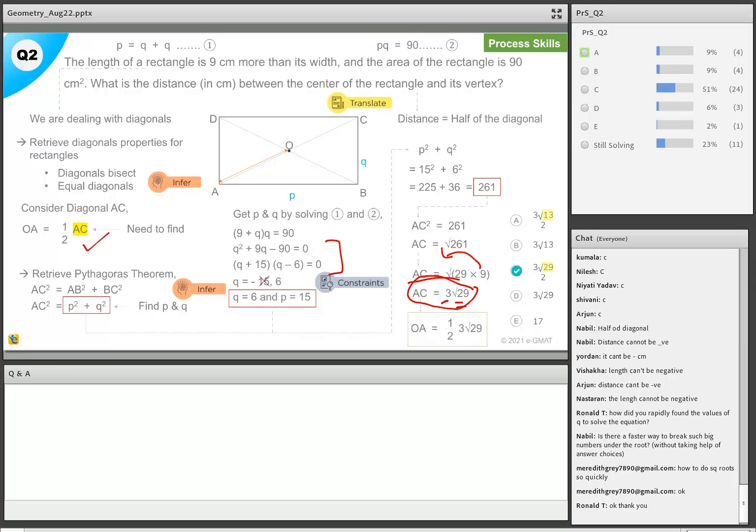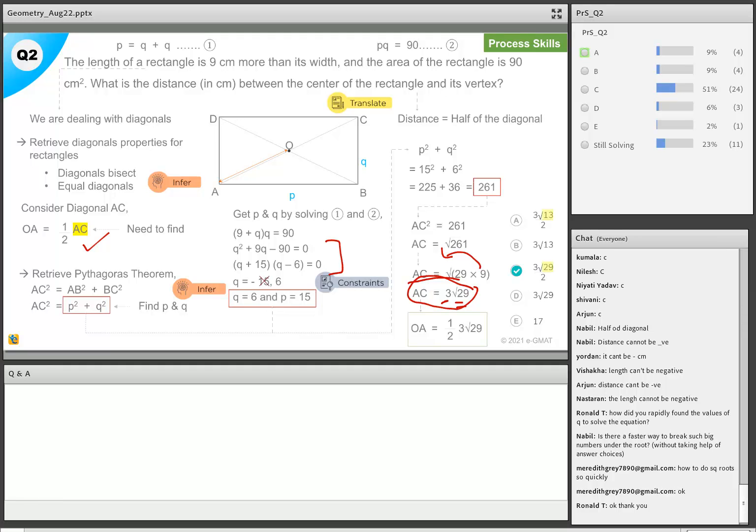If they are difficult, you would have a certain hint hidden in the answer choices. So use that hint. Apart from that, if you do not get any hint from the answer choices, the numbers won't be that difficult, because GMAT is an exam which tests you on your skills, not on your calculation speeds and all of that, right? I hope that answers your question, Meredith and Nabil.